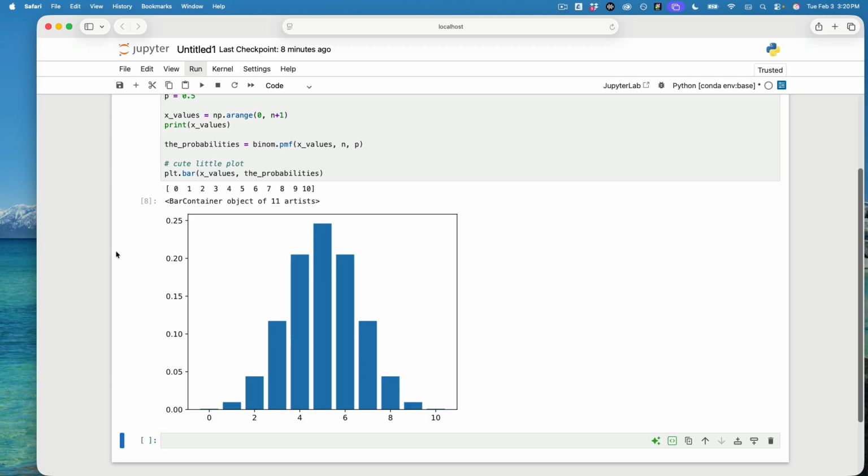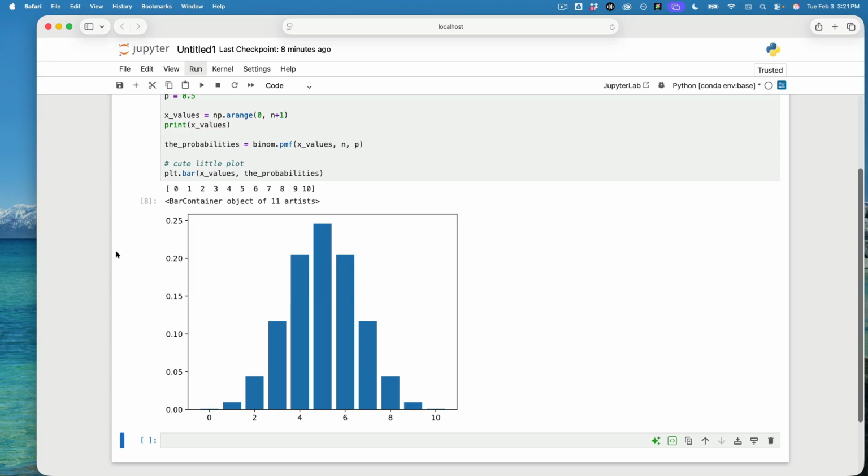Okay? What happens, again, we're counting heads as successes. What happens if my probability goes higher? Let's say 90% or 10%. Is it going to shift to the left or is it going to shift to the right? Let's start with 10%. Don't change it and look.